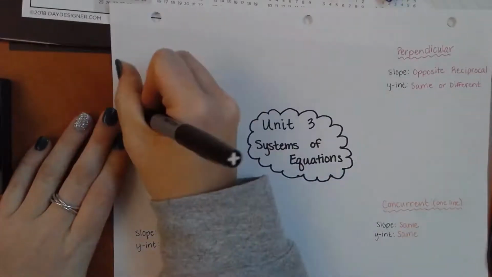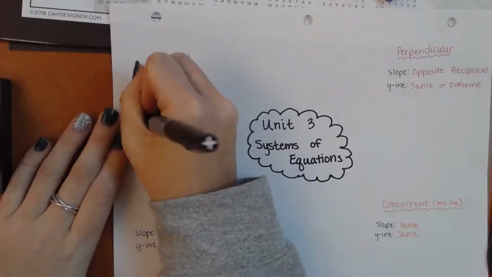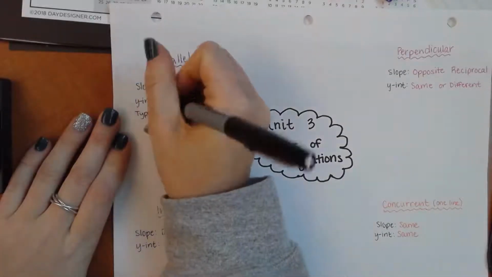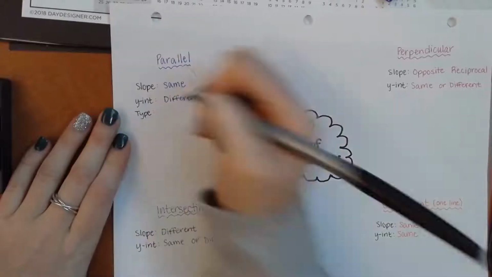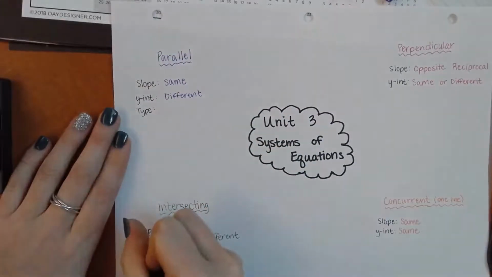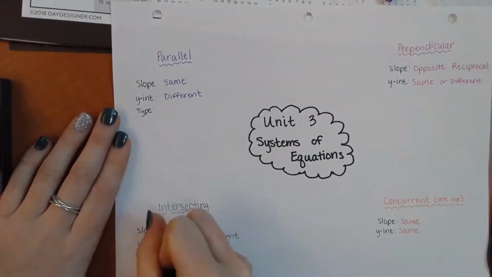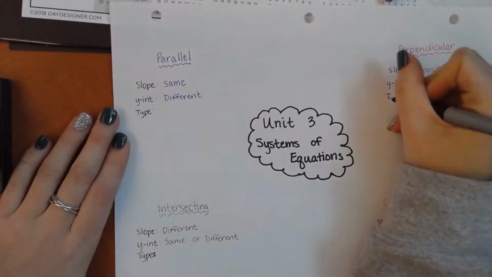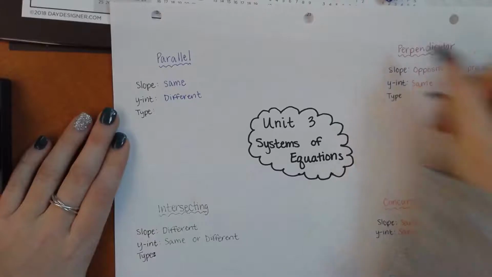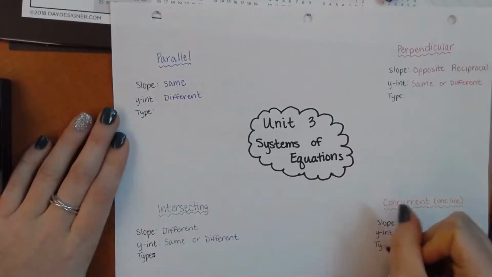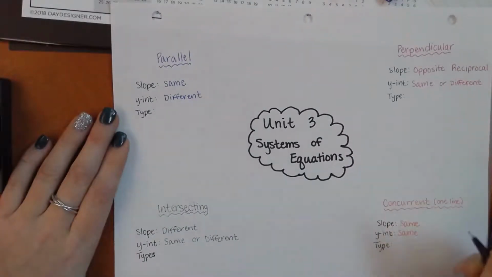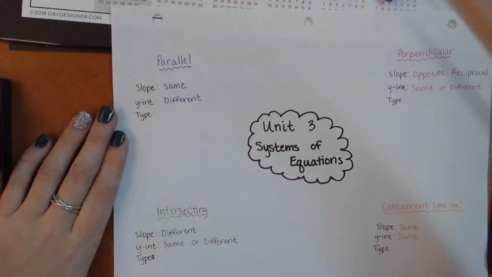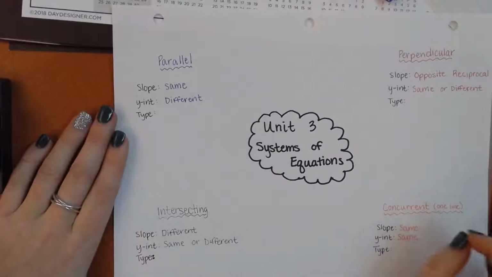Now I want to go over the different types of systems that you could have. There are three different types of systems.